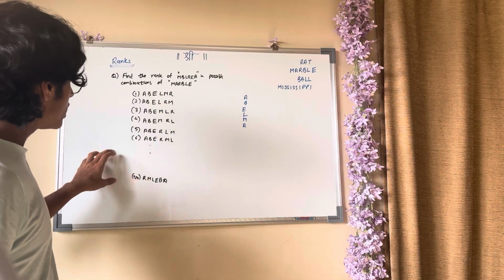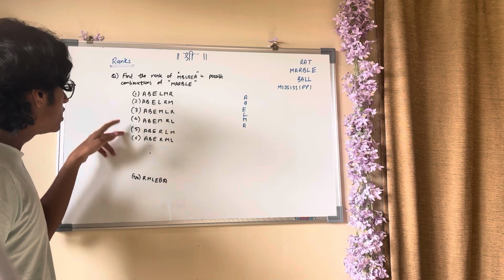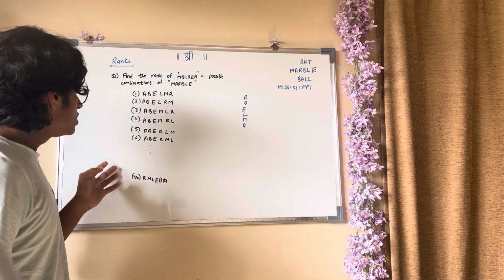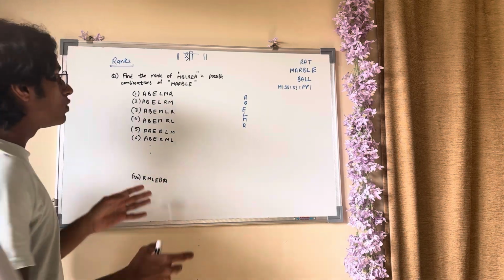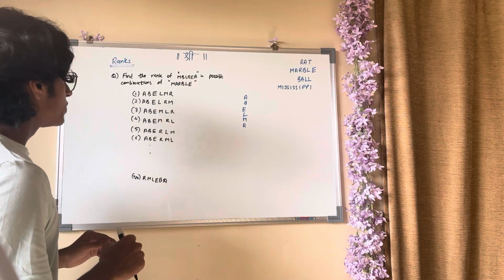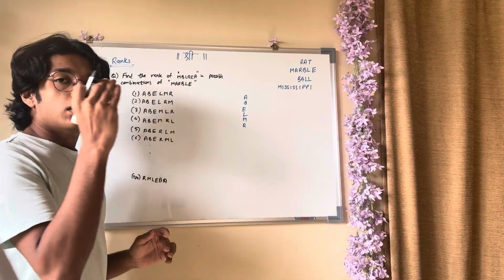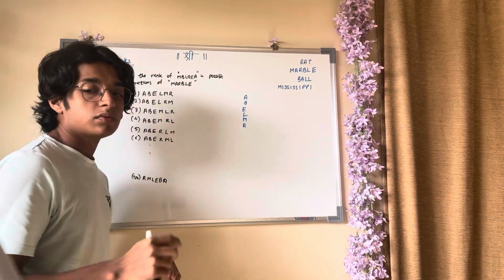Now if we have to find the rank of M, B, L, R, E, A, how would we find it here? It would obviously be a large number to count from the beginning. So is there any method to directly count it? Yes, there is. Here is where the idea of permutation and combination comes in.